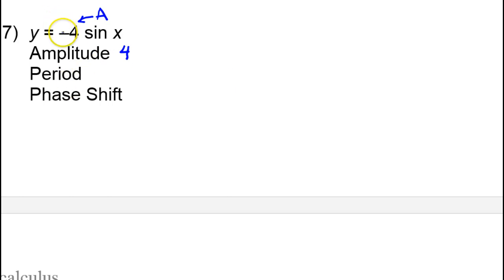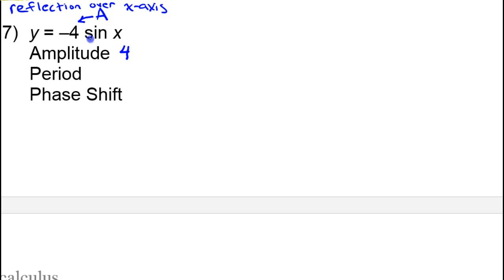However, when we do the graph in a moment, please understand that this negative sign means that it is a reflection over the x-axis. So keep that in the back of your mind.